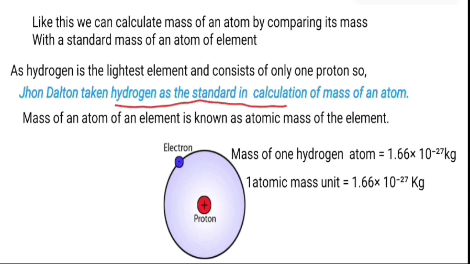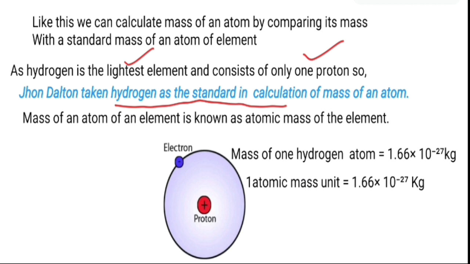Why? Because hydrogen is the lightest element and it consists of only one proton, and the mass of a proton is known to us. So the mass of hydrogen is equal to the mass of the proton, because hydrogen has no neutron and the mass of the electron is negligible.